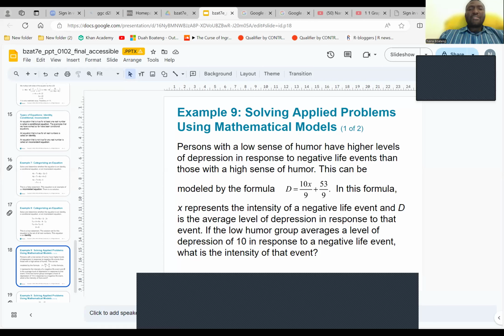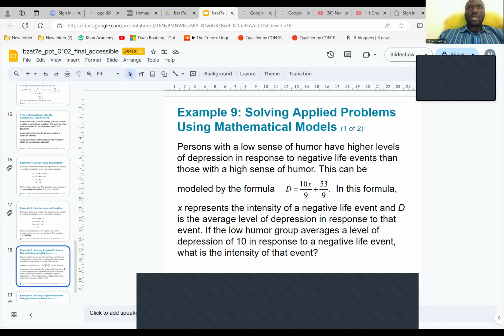So we have this application problem here. We have two variables, D and x, right? And one of them is given, and so we have to find the other. We are told that x represents the intensity of negative life events, and D is the average level of depression in response to that event.